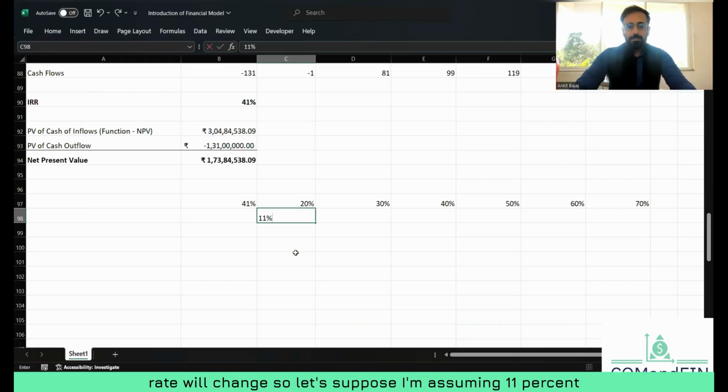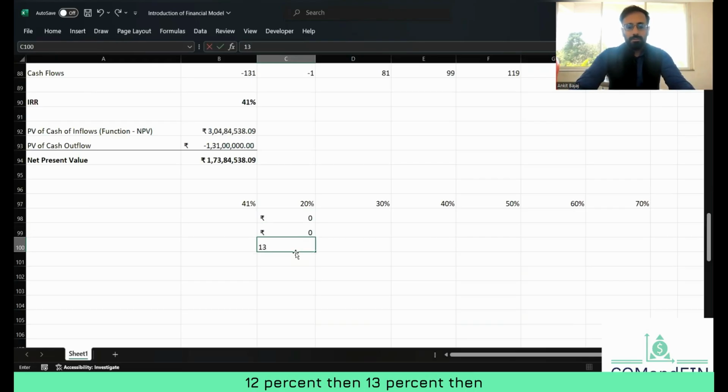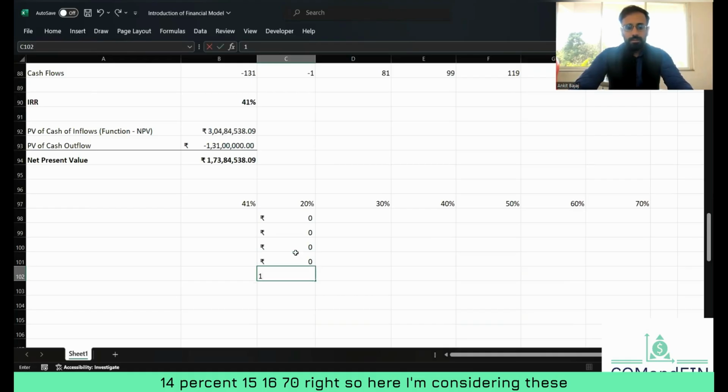So let's suppose I'm assuming 11%, 12%, then 13%, 14%, 15, 16, 17. So here I'm considering these interest rates.